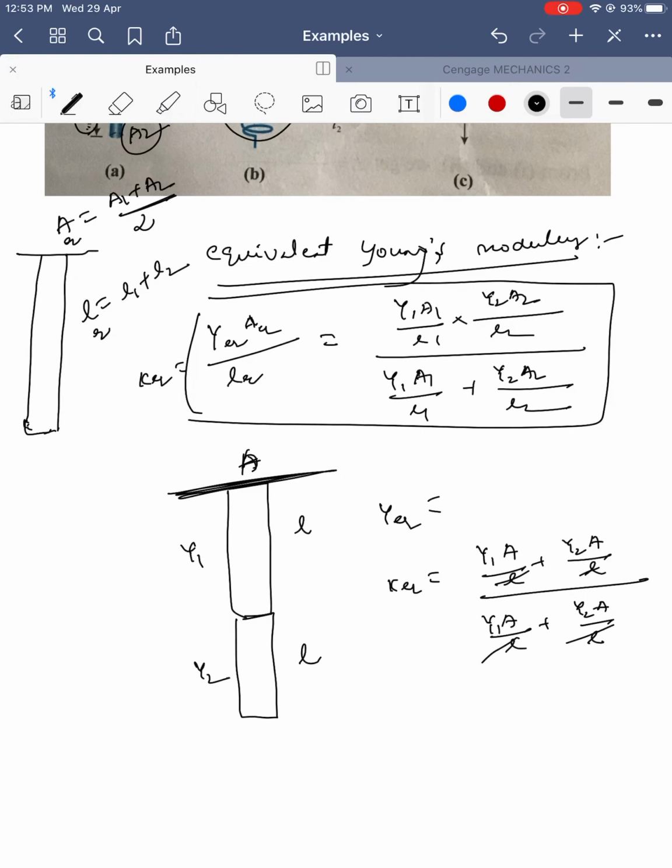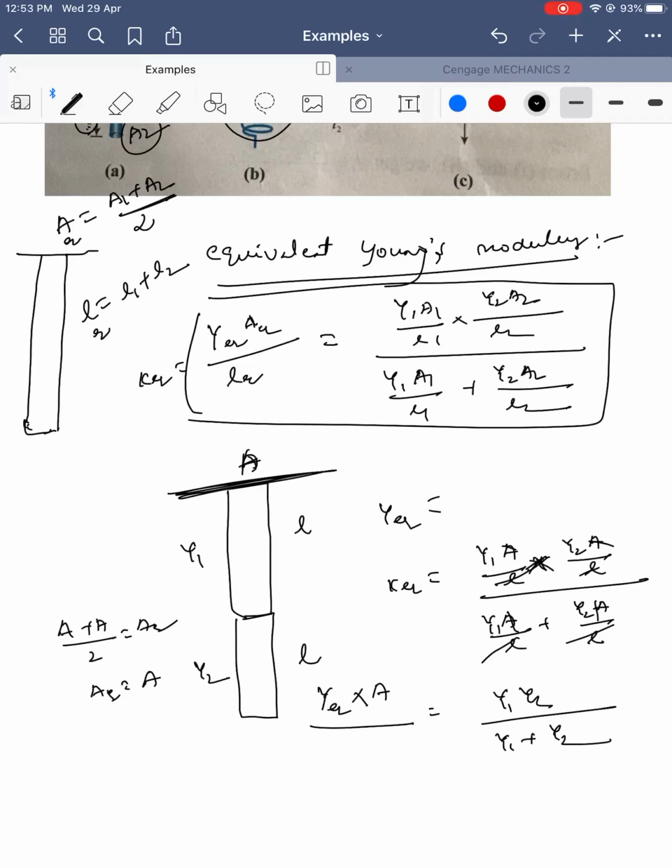L gets cancelled and A gets cancelled, giving Y1 Y2 by Y1 plus Y2. Next, K equivalent is equal to Y equivalent into A equivalent. A equivalent, since both have the same area, is A plus A by 2, which is nothing but A, the average of the areas.